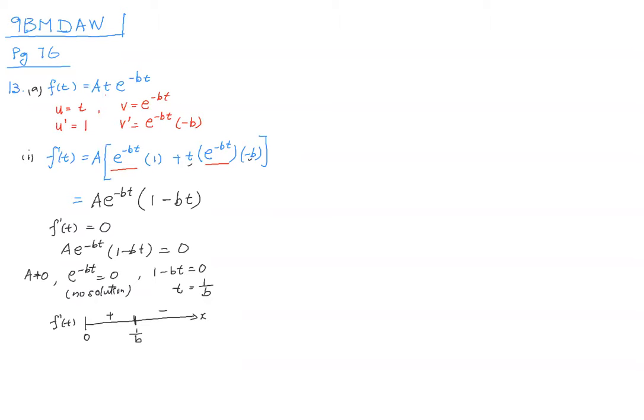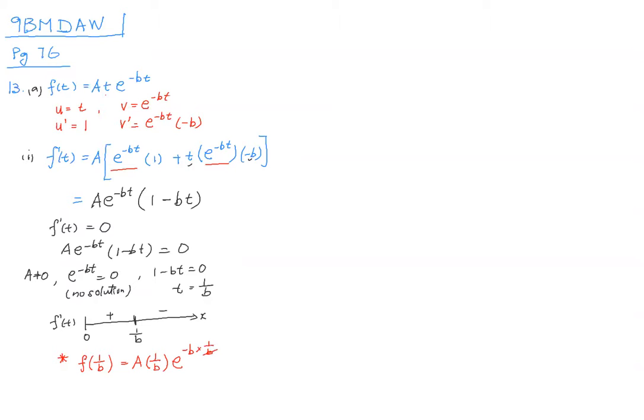Done? But we also want to know the y coordinate. So this is something extra that I put down here. So I want to know when x equal to 1 over b, what is my y? So a times 1 over b, e to the power negative b times 1 over b.